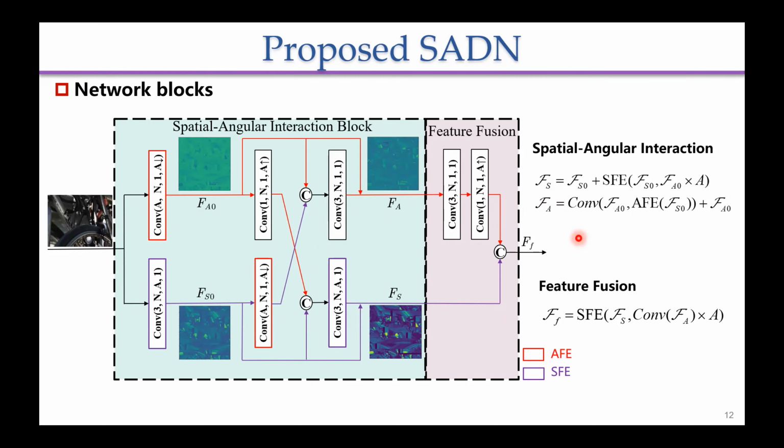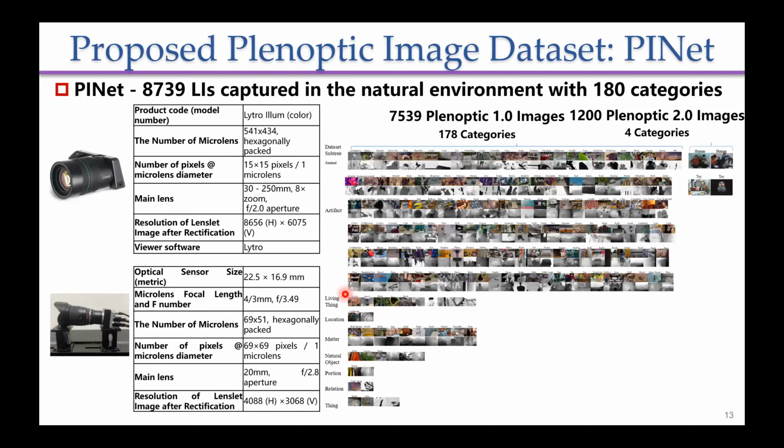Then we can compress to decorrelate in both the spatial and angular dimensions. We trained this network on a data set that we built ourselves.